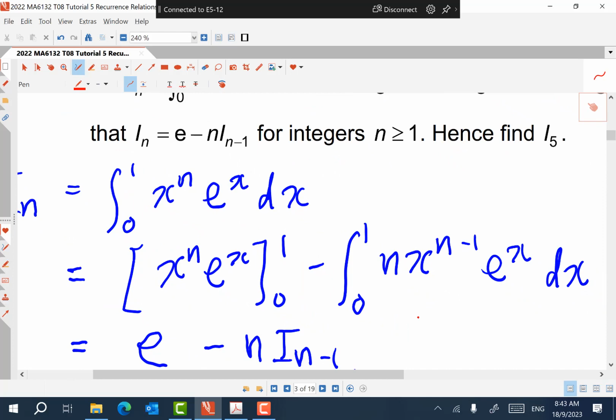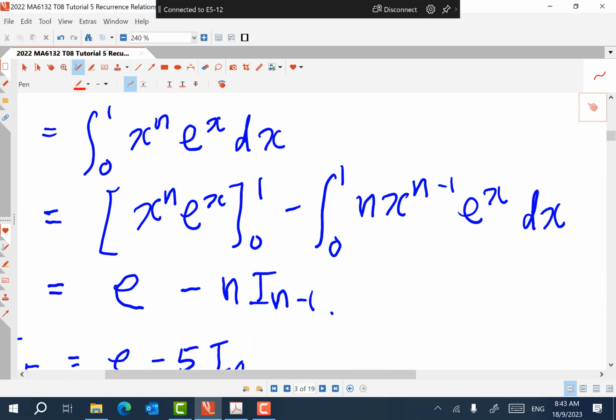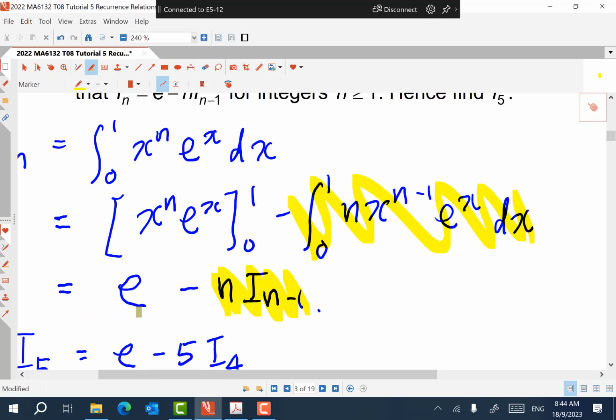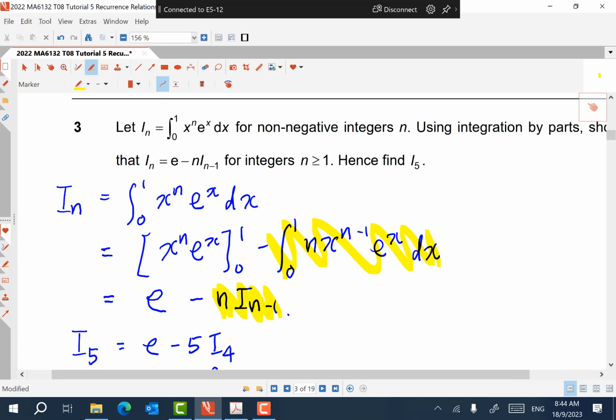This one is it? No, I didn't integrate. No, I've simply rewritten this fella as this fella. That's all I did. I didn't integrate. To create that recurrence relation, John, I was simply trying to create the recurrence relation here.